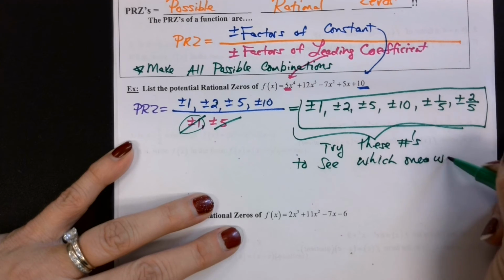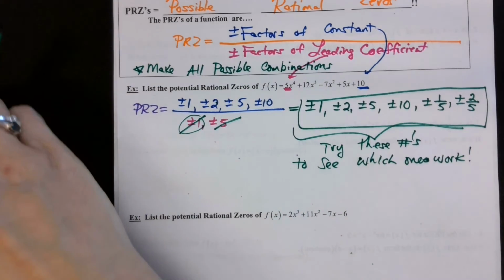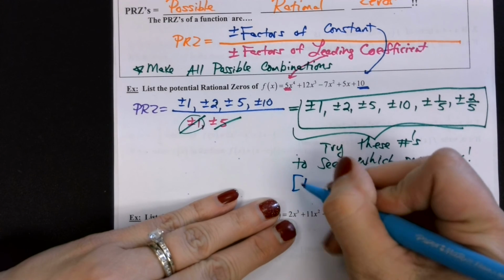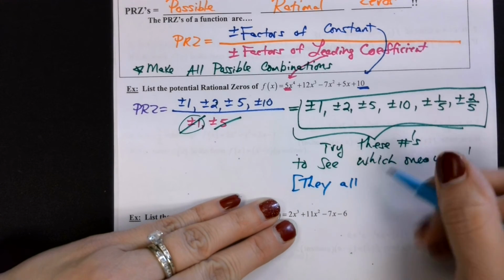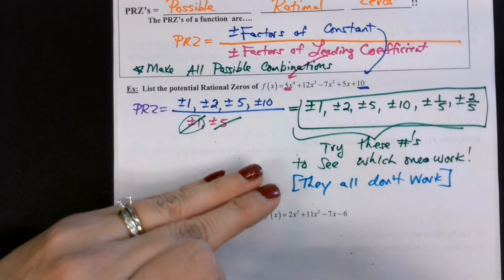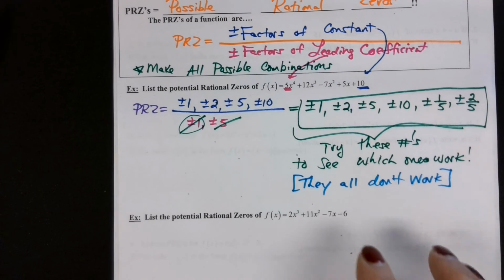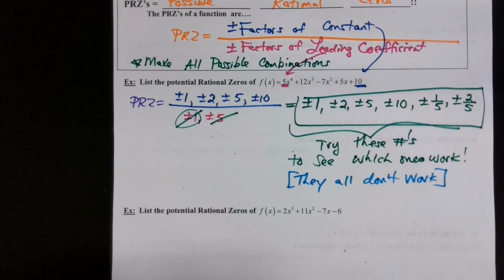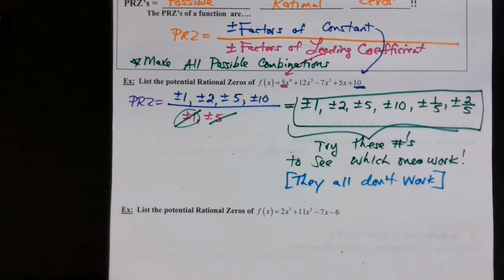But let's just make a note here. They all don't work. In fact, sometimes hardly any of them work. But if a number is going to work as the factor, it's got to be from this list.